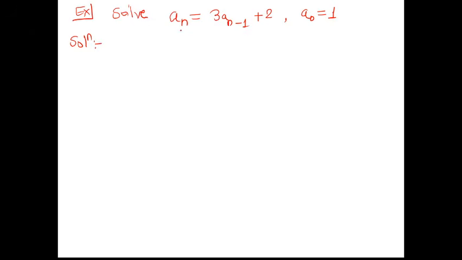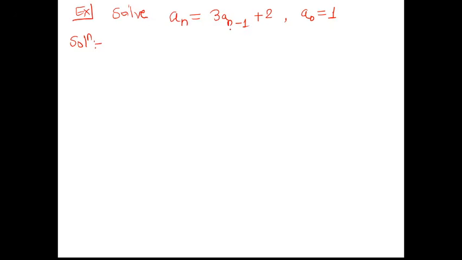First of all, we'll find the least augmented term. Here the least augmented term is n minus 1. In order to apply the condition a_0, we have to find the value of n. To make it a_0, what should be the value of n? It should be 1. Hence we will multiply this recurrence relation by x to the power n, and then the summation will take the value from 1 to infinity.